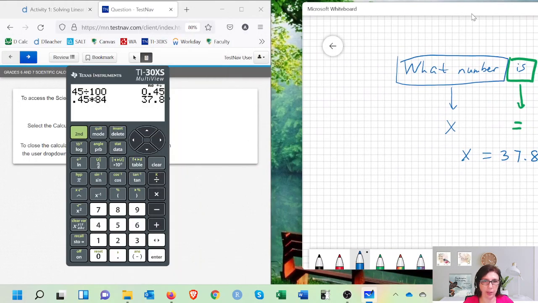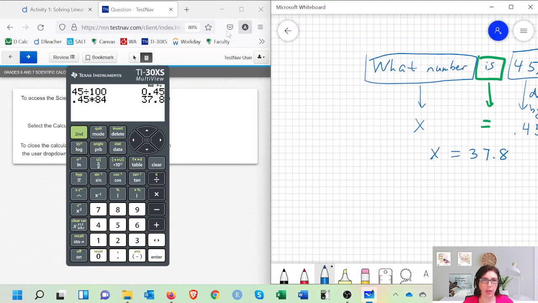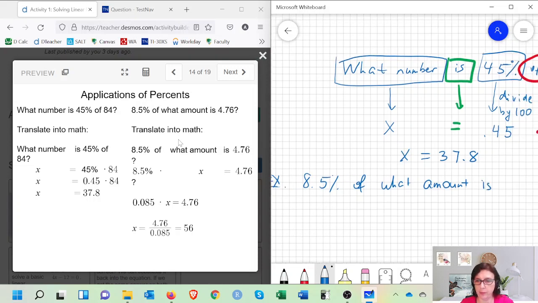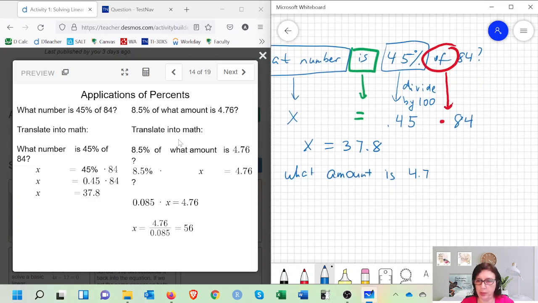Now let's take a look at the next example, and that would be 8.5% of what amount is 4.76?